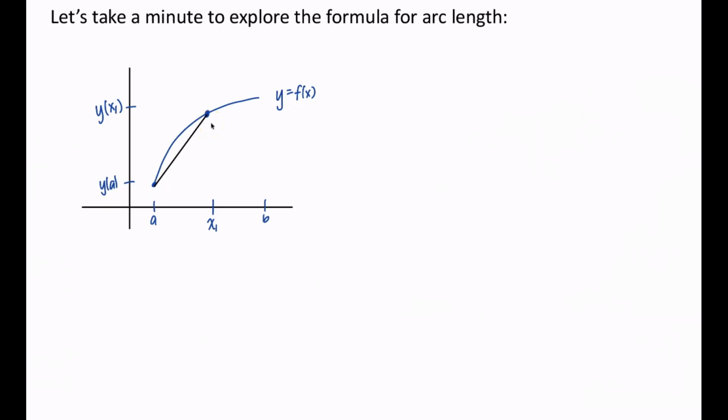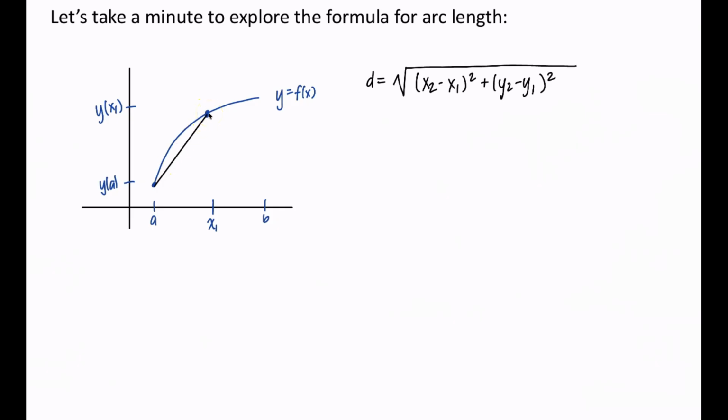Well, we have a formula for that from our past courses. So we know the distance between 2 points in general is the square root of x2 minus x1 squared plus y2 minus y1 squared. So our coordinate points here are a, y of a, and x1, y of x1. So this formula would tell us the distance between these 2 points here.